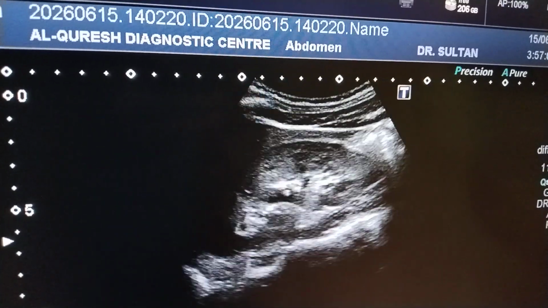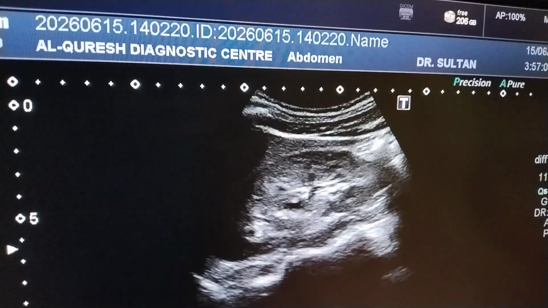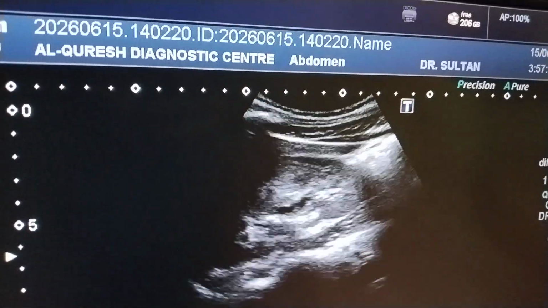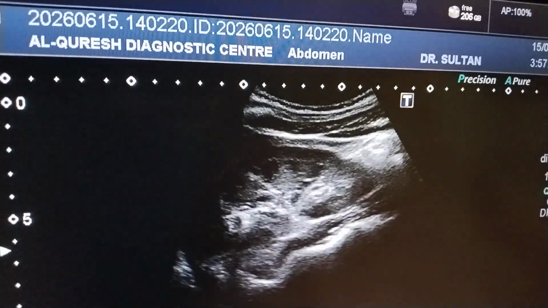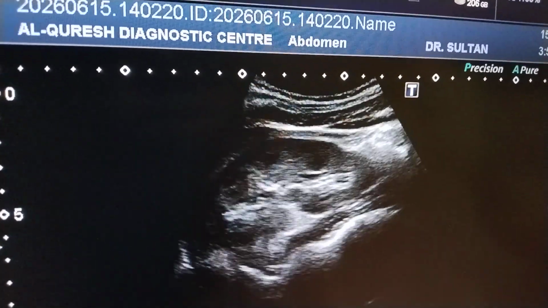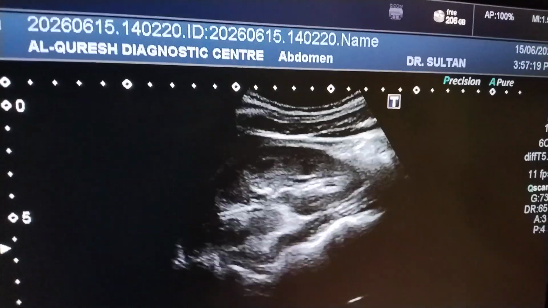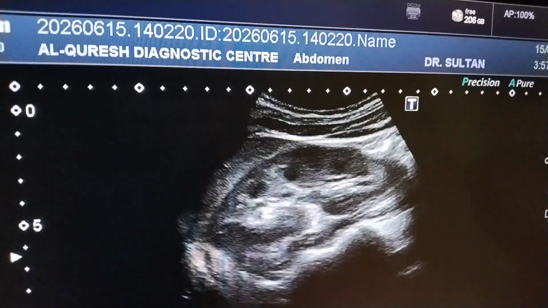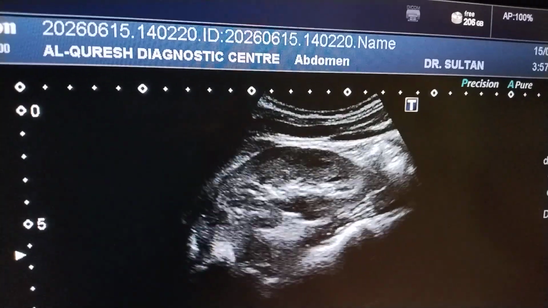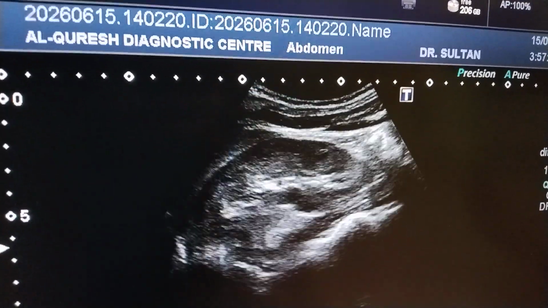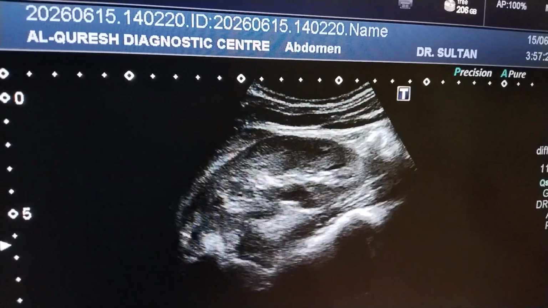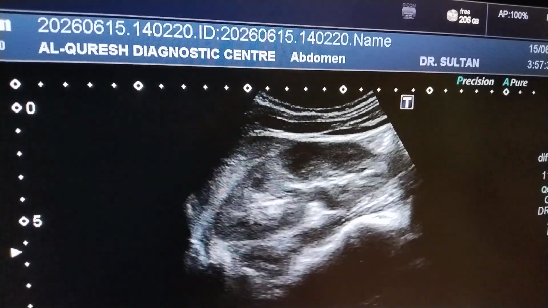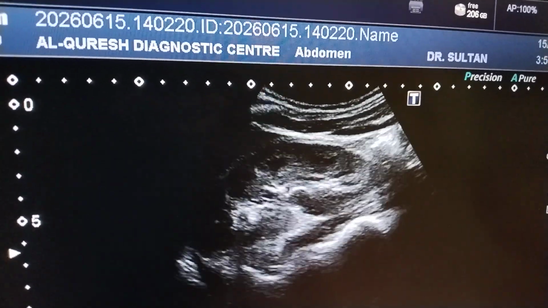First, we should keep the patient in supine position and then the right lateral or left lateral decubitus position to scan the kidney. So the kidney is a retroperitoneal structure, and this is the right kidney, and the patient is in the right lateral decubitus position.